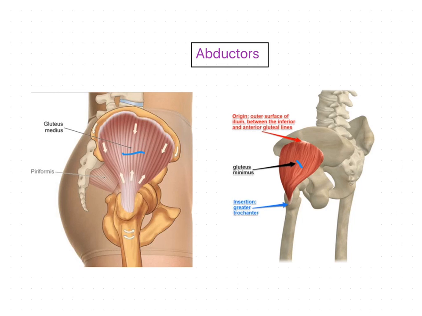The superior fibers of the gluteus maximus, as well as the sartorius, may assist when the hip is abducted against strong resistance.